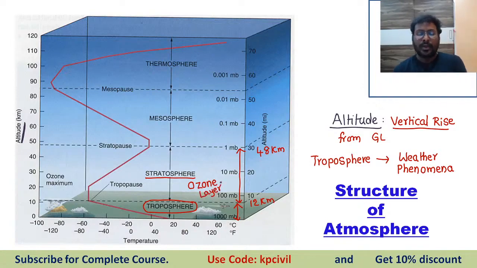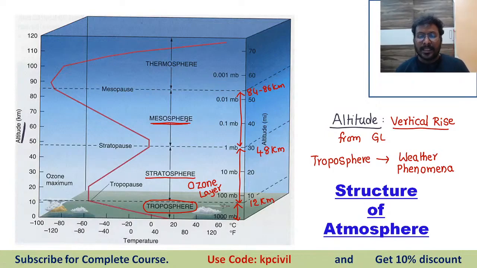So the zone of the ozone layer, 12 to 48 kilometers. Then 48 kilometers to 84 or 86 kilometers we consider the mesosphere.